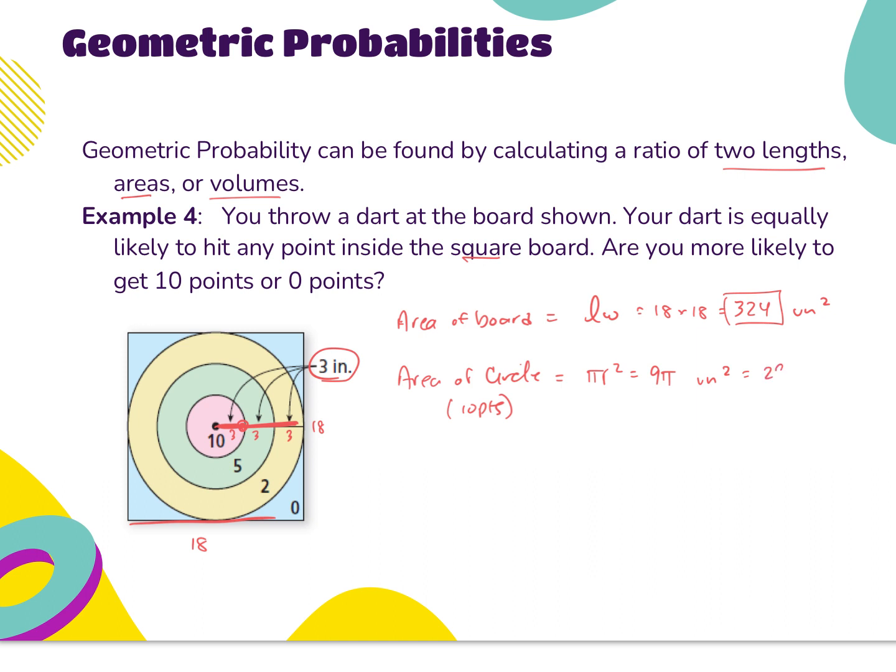I'm going to round that to 28.3 units squared. And then I'm going to find the area of the blue. Now notice the blue is basically the whole square minus this big yellow circle. That's going to leave me with the little blue piece. So again, now I'm going to have to calculate the area of the large circle.